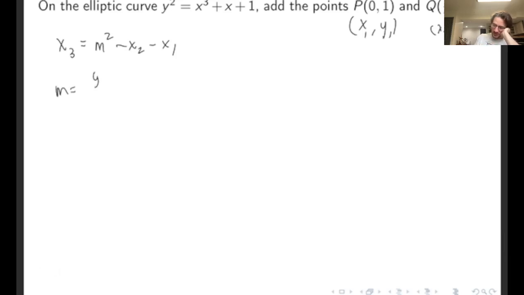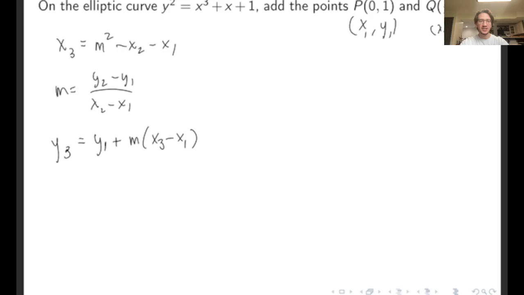M is y2 minus y1 over x2 minus x1, and y3 is y1 plus m times x3 minus x1. Okay, so let's go plug these things into Desmos.